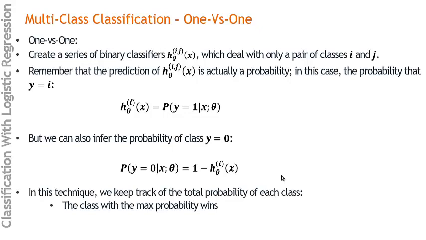So when I have a new data point and I want to evaluate that data point relative to a particular class, I look at all the classifiers that involve that particular class. I get a score for that class from all of those classifiers. I sum up the score, and I'm going to get a score for every class. And the class with the highest score wins.